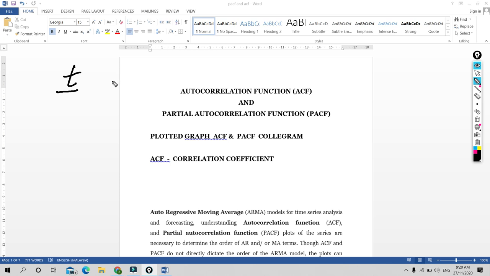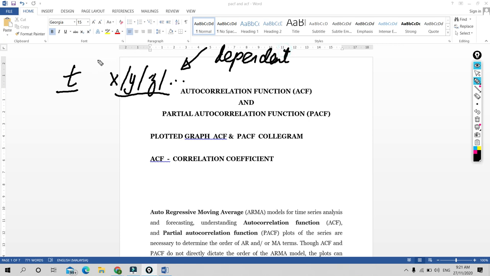Data here can be written as x variable, or you can use y, or you can use z, whatever name you want to use. This is what I call in time series. This is known as the dependent, and time here is referred to as independent. Correct or not?